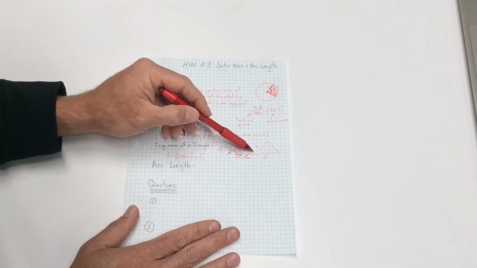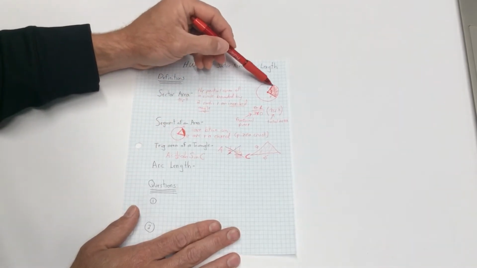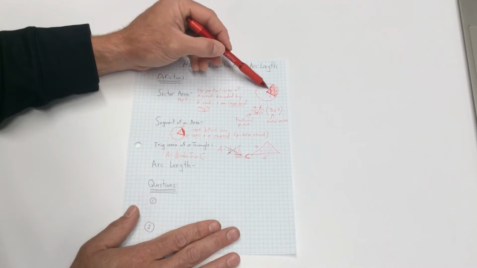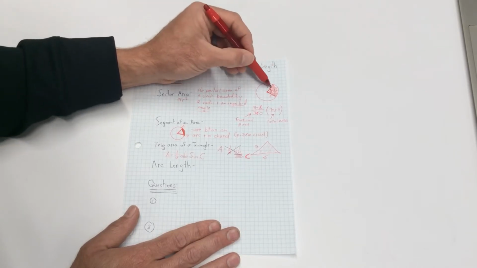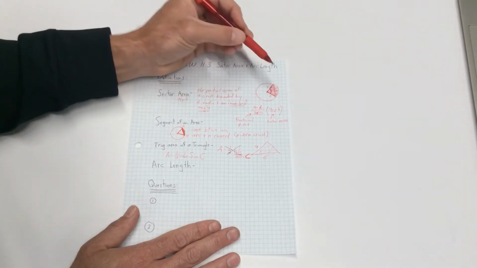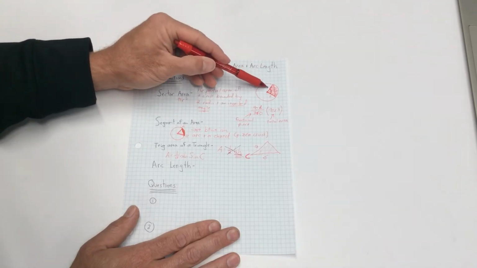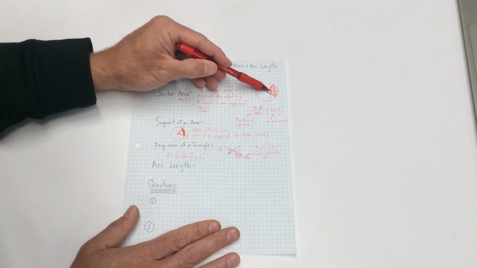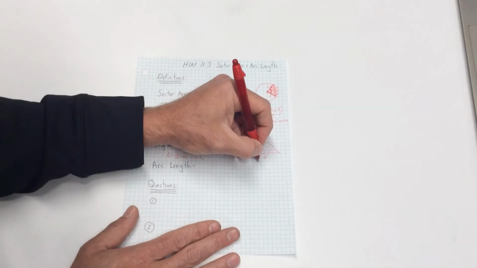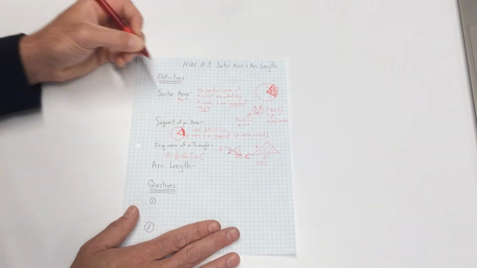Now you're going to see this is really important, because that's exactly what is described whenever you're doing these sector areas. I'm going to be able to find the area of a triangle formed in here very easily, because I've got my two sides, and you're going to know this angle in between them. This is a side angle side relationship.